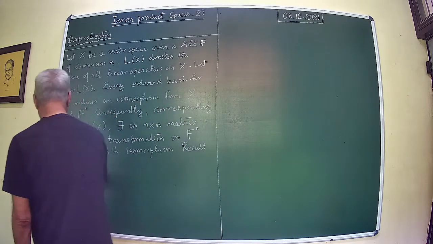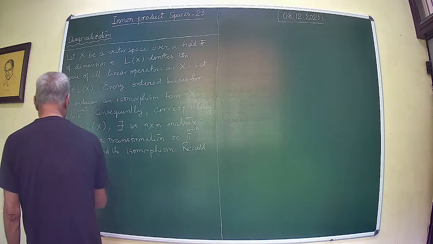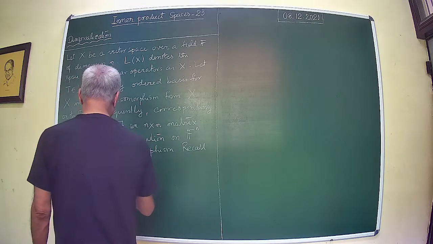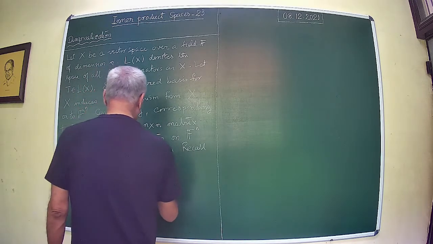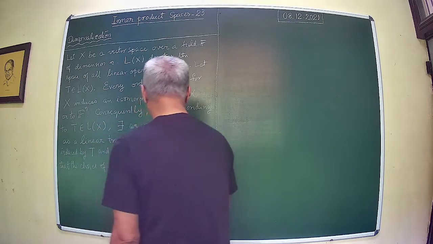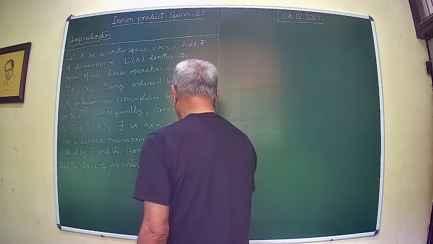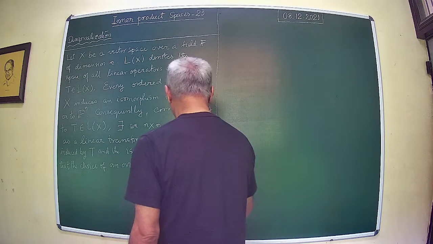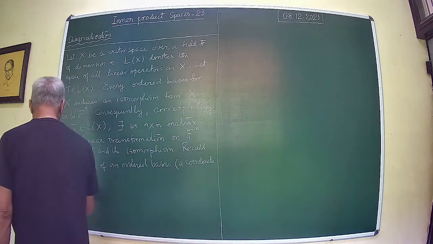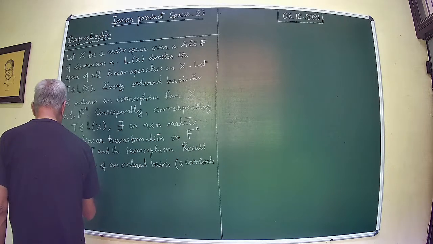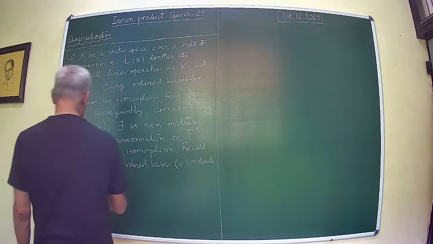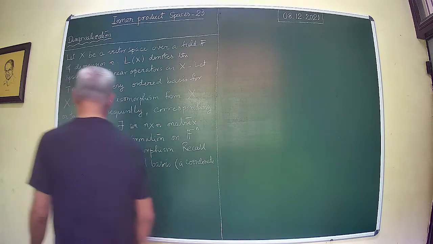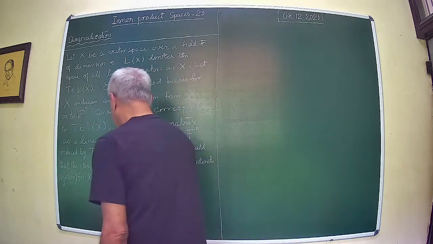We call the choice of an ordered basis, or what you call a coordinate system, not unique.